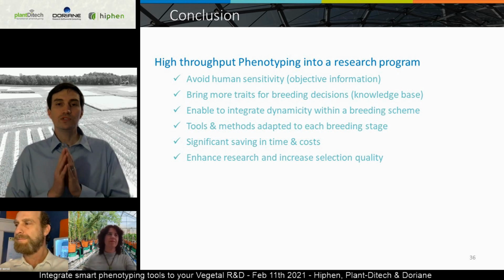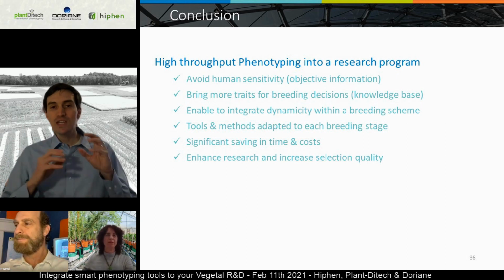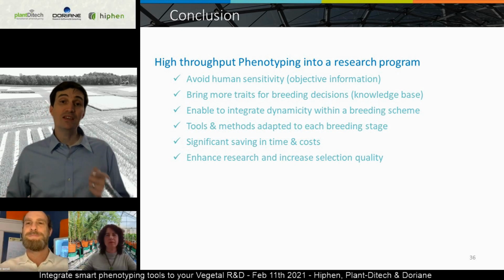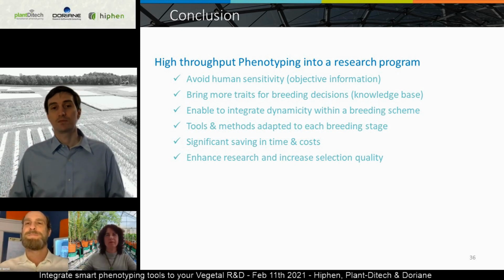It brings tools and methods adapted to each breeding stage. And eventually it saves your precious time and enhances profitability. But most of all, high throughput phenotyping enhances research and increases the quality of your selection.